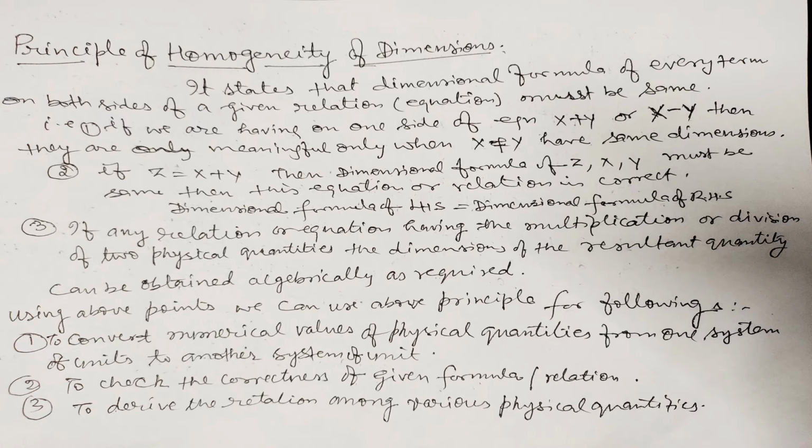Number two, if we write z equal to x plus y, then the dimensional formulas of z, x and y must be the same, and then the relation is correct. Number three, if any relation or equation has the multiplication or division of two physical quantities, the dimensions of the resultant quantity can be obtained algebraically.